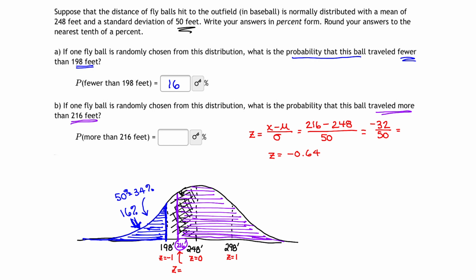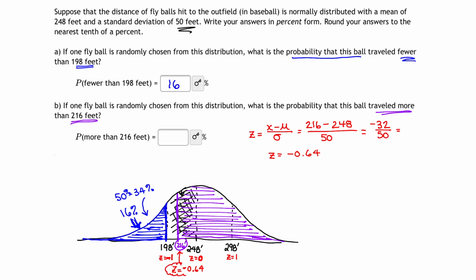That tells me that the z-score corresponding to 216 feet is negative 0.64. And that makes sense in my picture because that's a little closer to the negative 1, but it's in between negative 1 and 0. So the number we got makes logical sense in our picture.